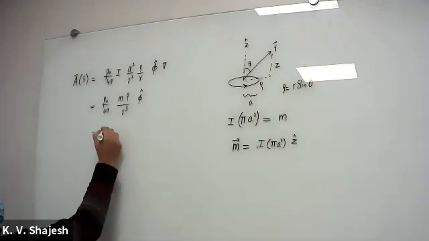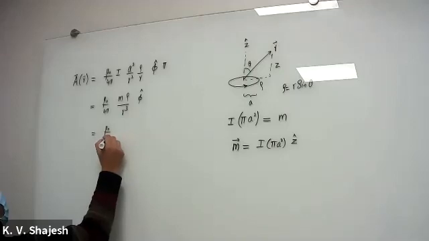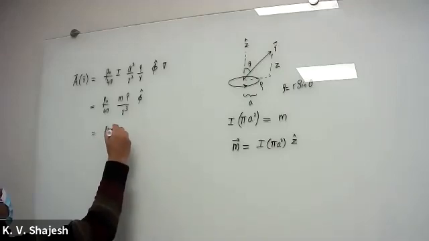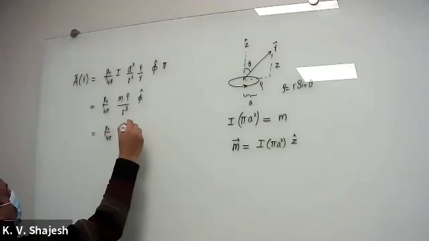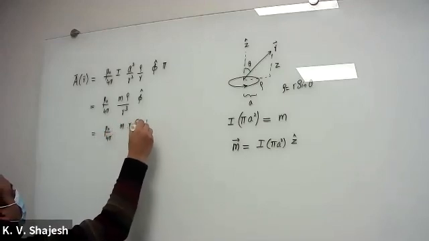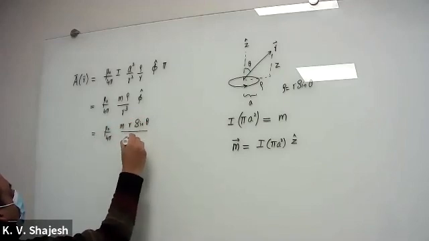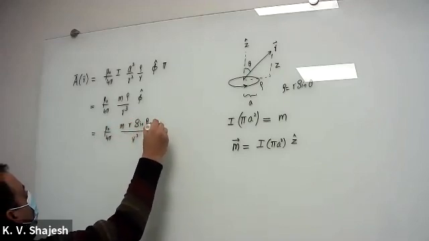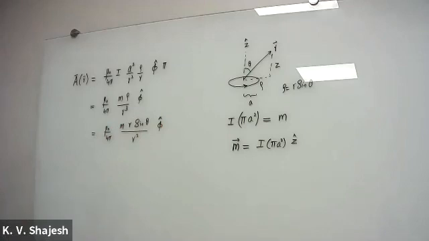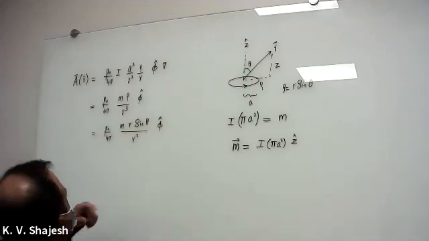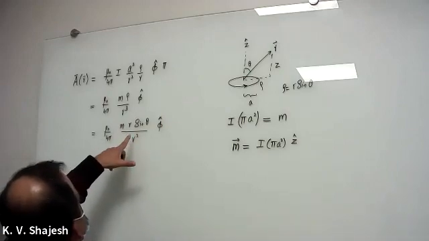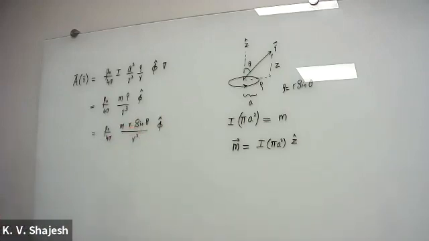So that's the same as mu over 4 pi times m times r times sine theta over r cubed times phi hat. m times r times sine theta sort of gives you a hint that maybe there is a cross product in here. Maybe that's an indication at least. And it is indeed a cross product.